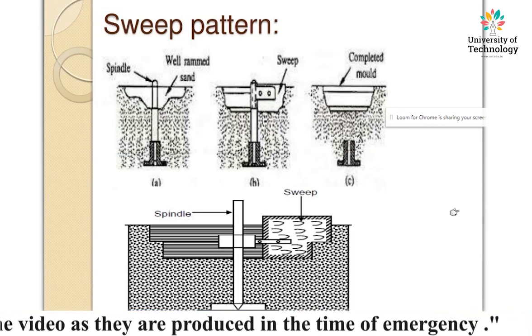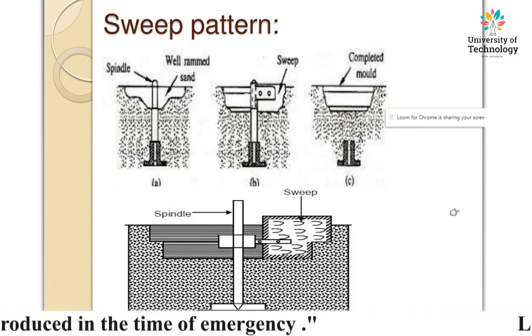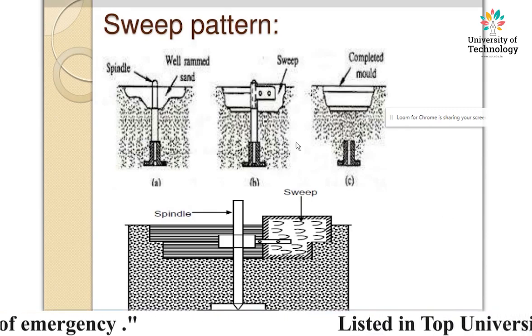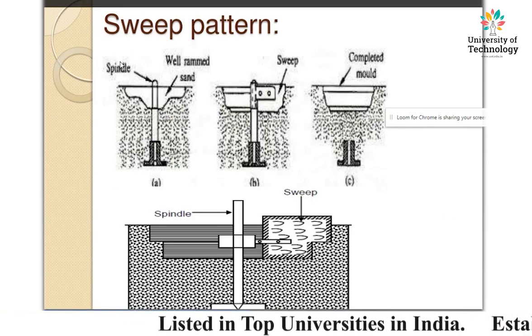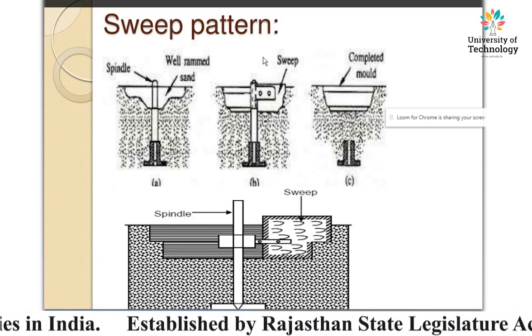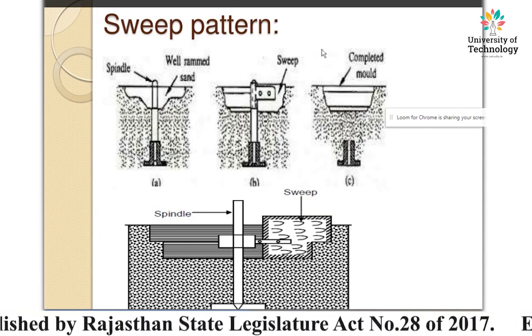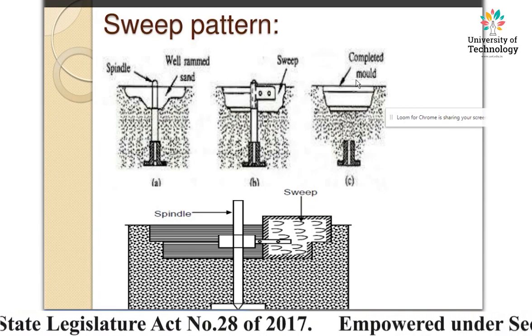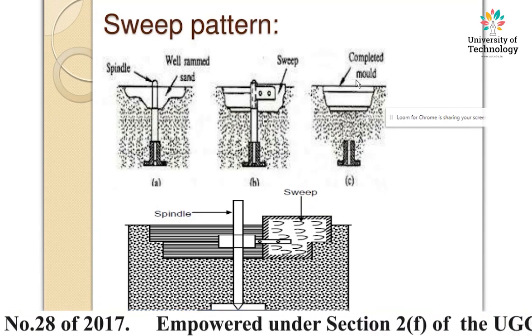We can see the sweep pattern figure in this slide. Here is the spindle of the sweep pattern, the well rammed sand, and that is the sweep and the completed mold prepared with this type of sweep pattern.